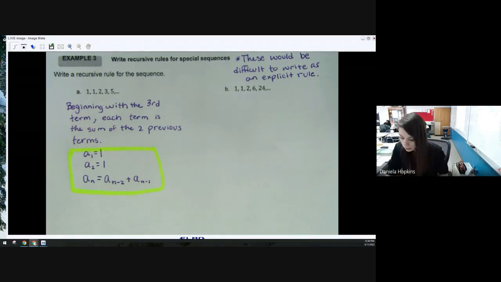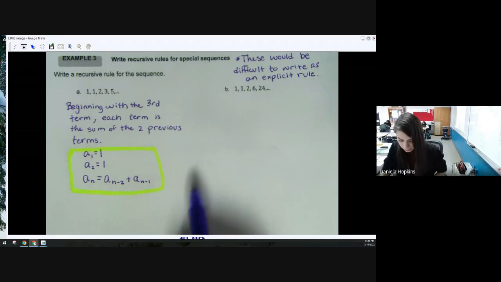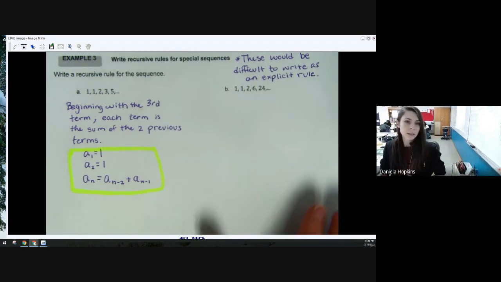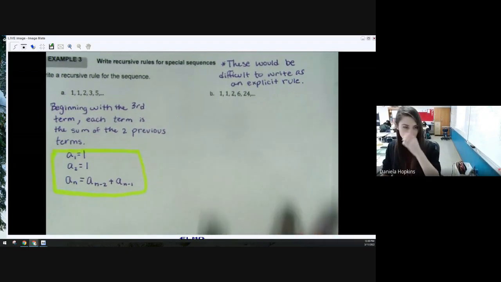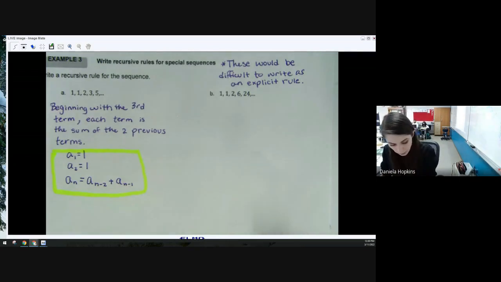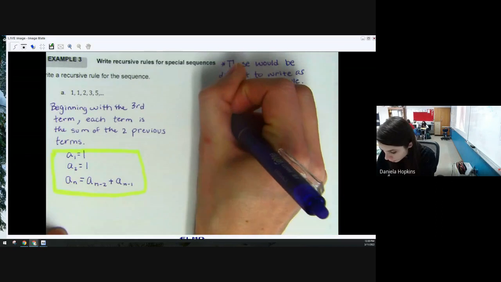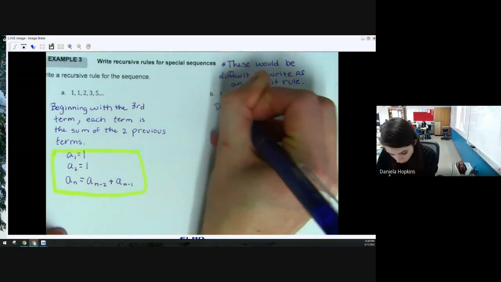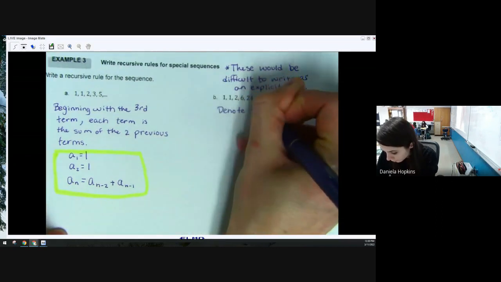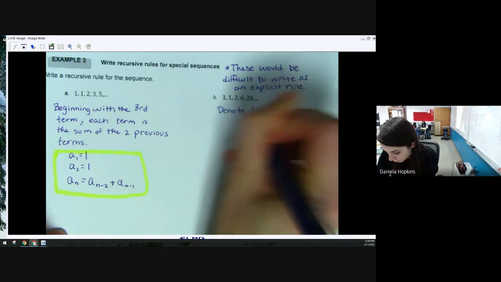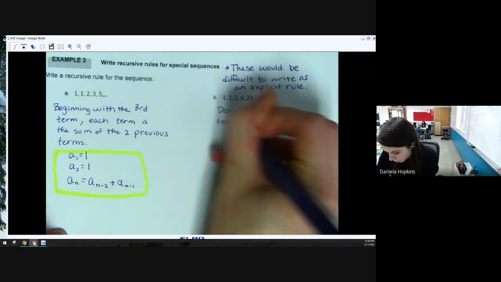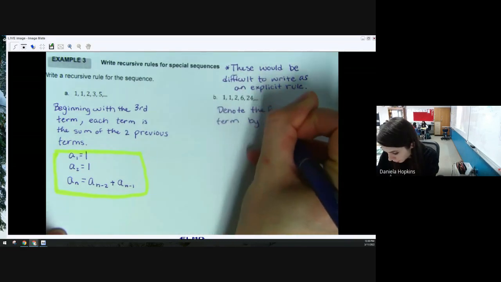Interesting. Part B almost looks like that. I don't know if this one has a fancy name, I would imagine it does. I'm just not sure what it is. So basically what you can do for this one is let's denote the first term by A sub 0 equals 1.